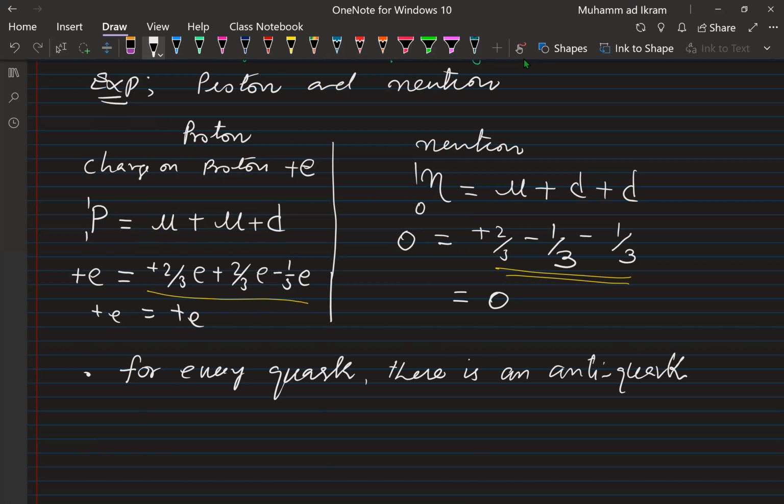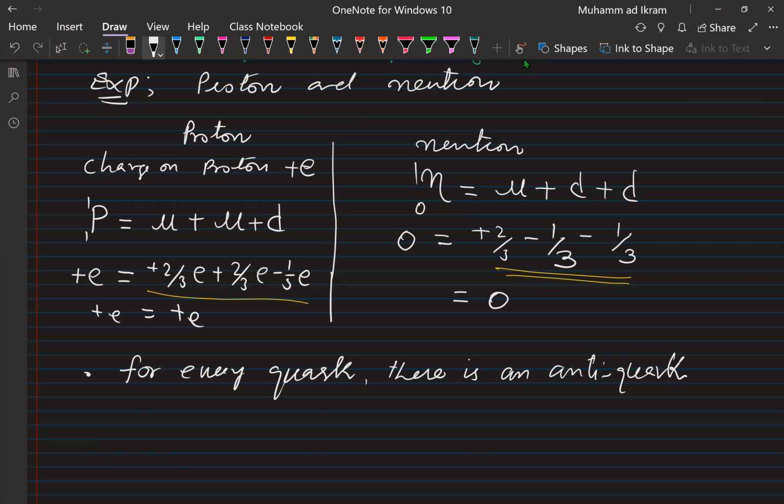For example, for the electron the anti-particle is the positron. So for the quark there is an anti-quark, and its symbol is the same as that of the quark, but with a bar over the top.